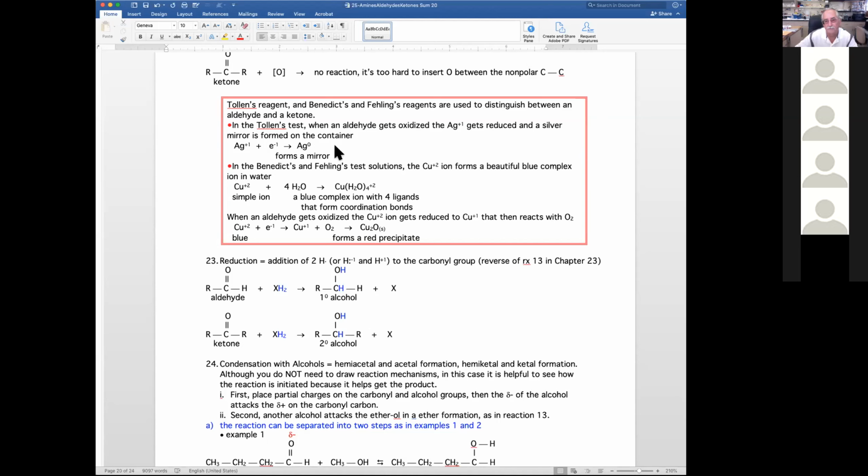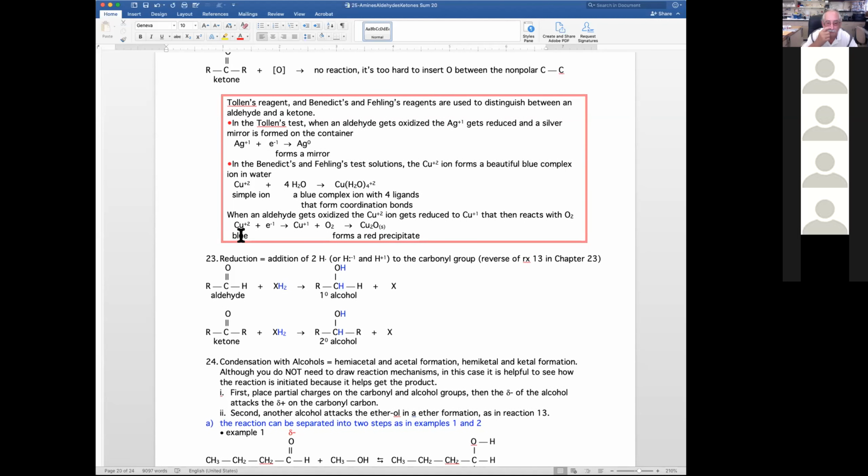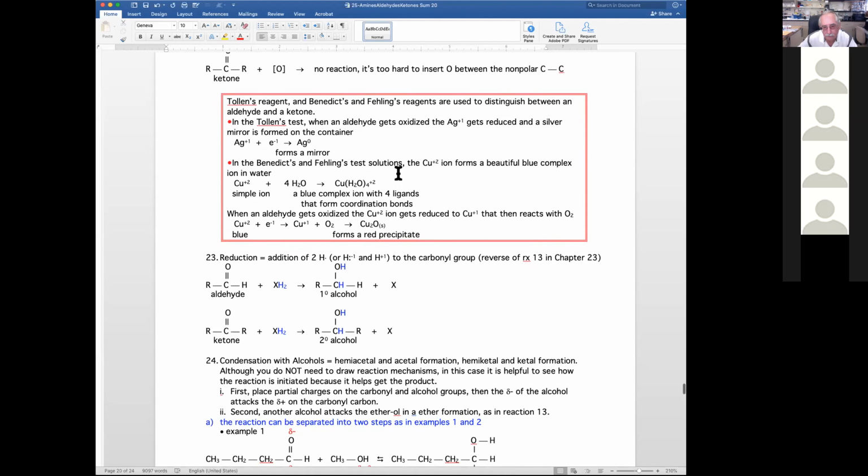And the Benedict's and Fehling's reagents use the copper ion. When the copper ion is not reduced, I should say, it forms in water these beautiful blue complexes. They're called coordination bonds between water and the copper.